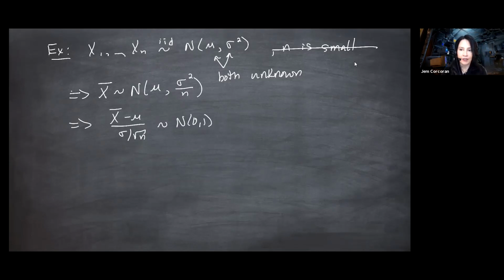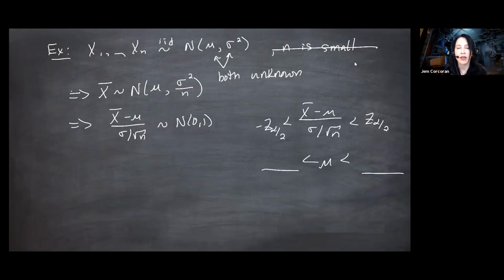But I can't start out like I did last time, which is to put this thing between two normal critical values and solve for mu in the middle, because if I do, the endpoints are going to depend on the unknown sigma squared, so that's not helpful for anyone.